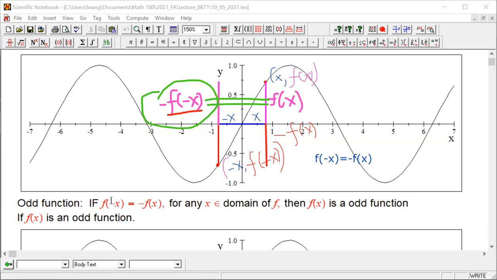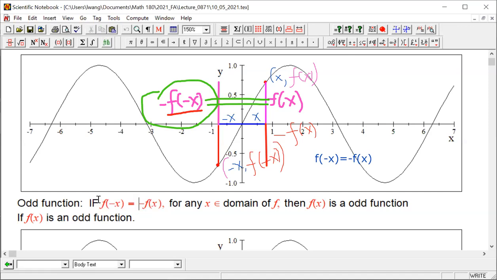So the meaning of this piece, there are actually two forms for it. The two forms are equivalent. One of them is here. We just showed you f of x, negative f of x, the red, and this red is the same as this one, which is f of negative x. That's the feature of an odd function. And the other form is that you put a negative sign in front of this guy, the red, you flip over, and the two purples are the same.